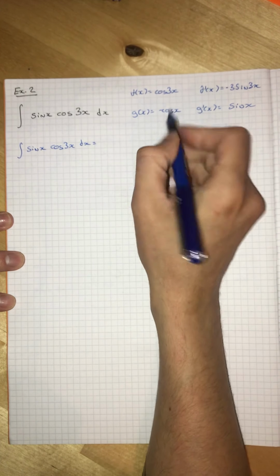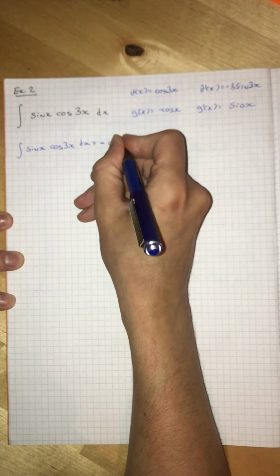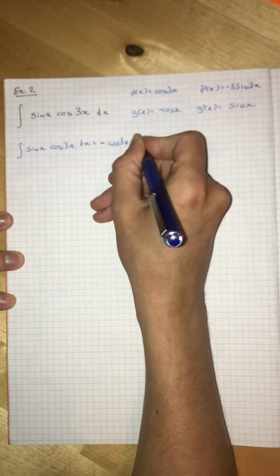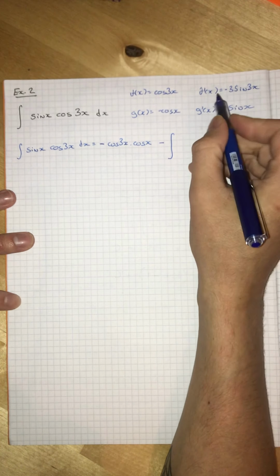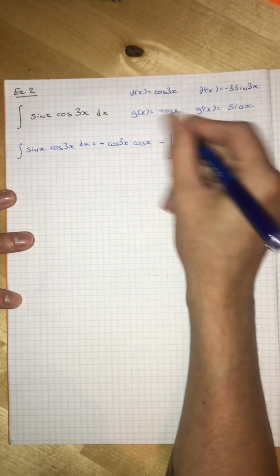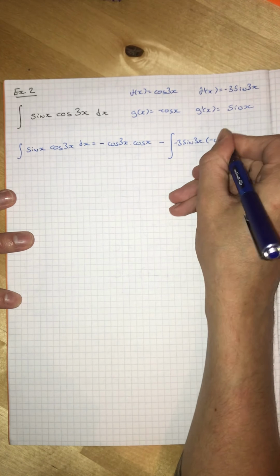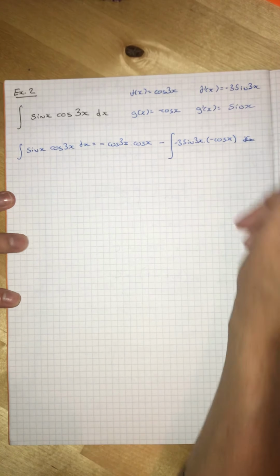Okay, so we're going to get the integral of sine x cos 3x dx equals f of x g of x. So we get negative cos 3x dot cos x minus the integral of f dashed x g of x, dx.